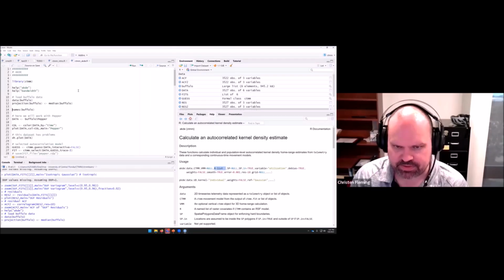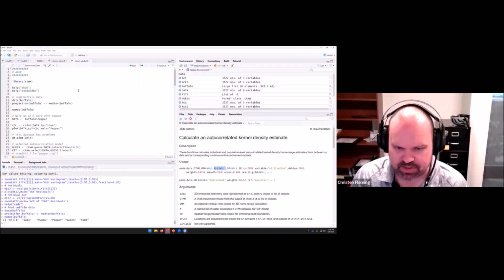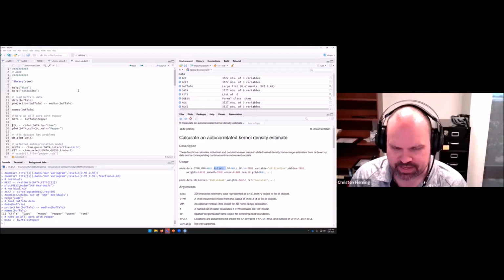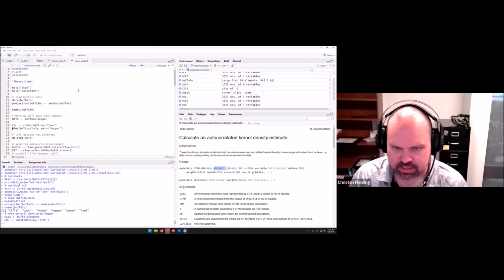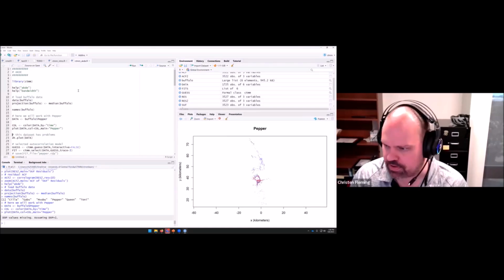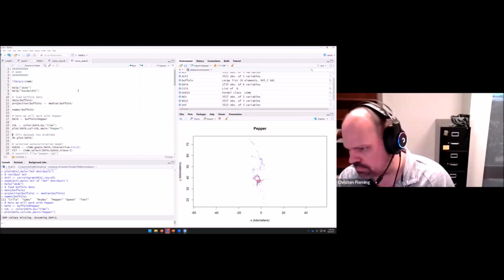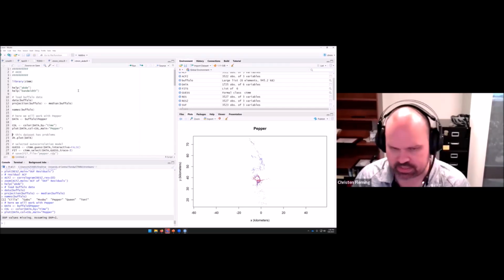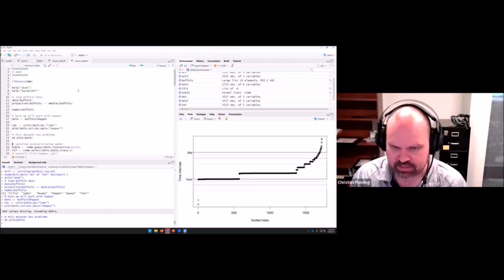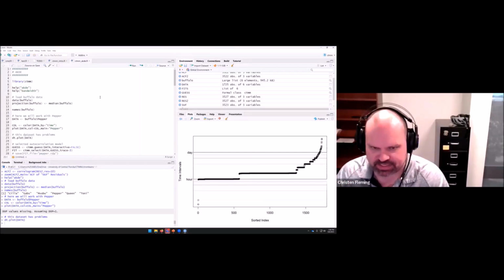So I'm going to load that buffalo data again, reproject it so north equals up. This time I'm going to pull out Pepper because she's problematic. Here's what her data looks like. Here I'm plotting the sampling intervals sorted by size.